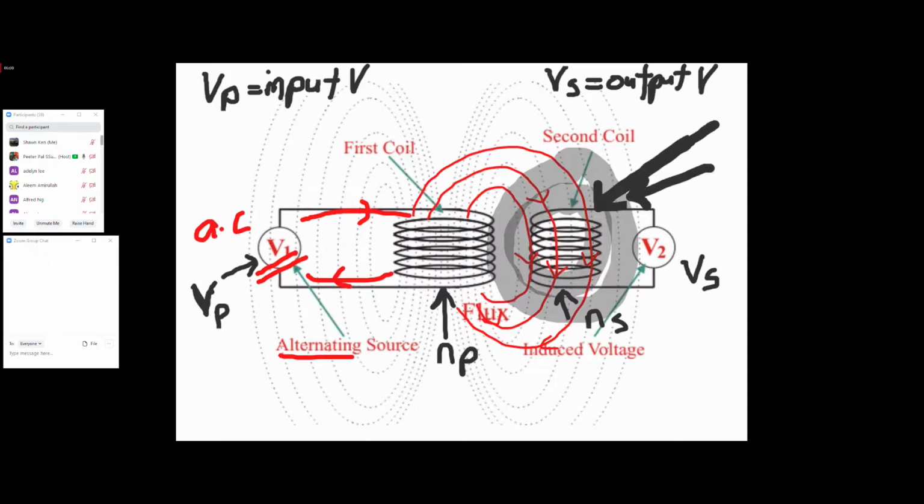So the secondary coil constantly undergoes changes of flux, and it starts to produce what we call induced voltage or induced current.